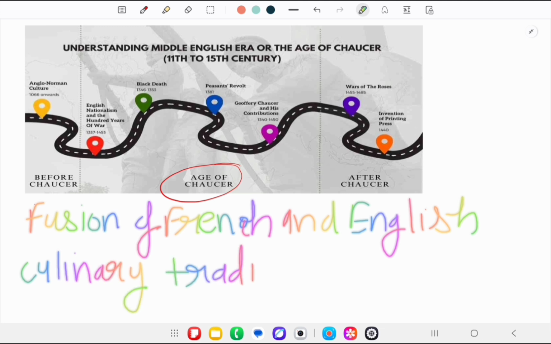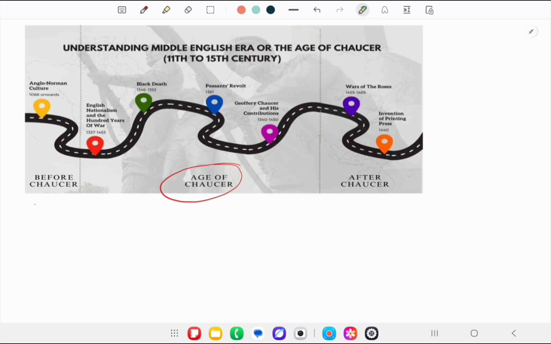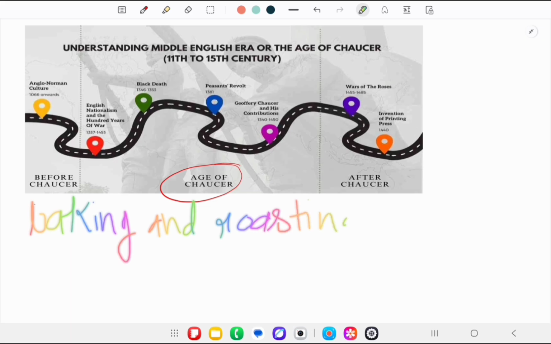It was also evident through the baking and roasting techniques.